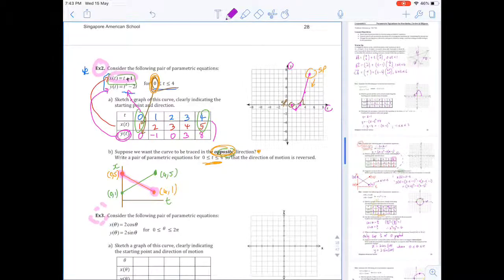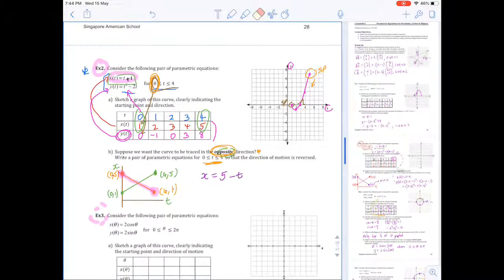Okay, and so you can see we have what we would traditionally call a y-intercept. Of course, it's an x-intercept now because the y-axis is the x-axis, because it's an x-t graph. And so we have x equals 5 minus t. That's a y equals mx plus b equation. I've started with the y-intercept and I've figured out the slope. 4 minus 0 is going to be 4. 1 minus 5 is minus 4, and that confirms we have a slope of minus 1.